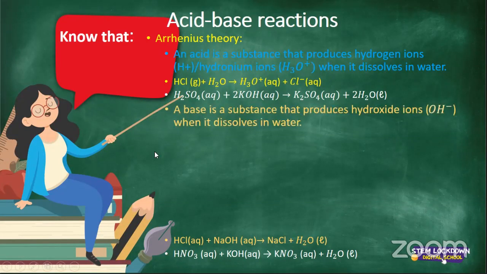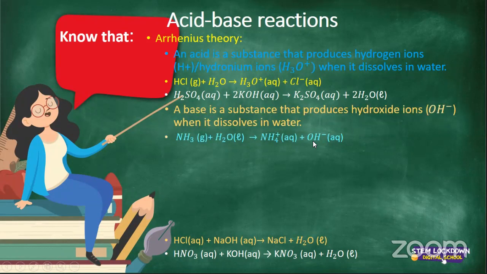Right. A base, according to the Arrhenius theory, is a substance that produces hydroxide ions, OH-, when it dissolves in water. For instance, ammonia here dissolves in water to produce OH-. So it forms the ammonium ion. This is ammonia, it produces ammonium ions and OH-.